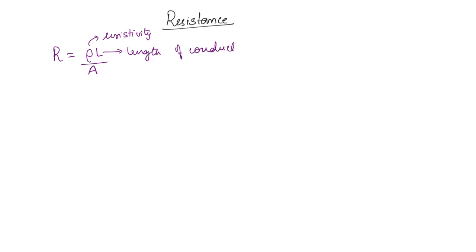First we will deal with the resistance. It is a series parameter. It appears as the series impedance of the transmission line. If you remember the expression for resistance in terms of the physical dimensions of the conductor, it is rho L by A. Rho here is the resistivity, L is the length of the conductor, and finally A is the area of cross section of the conductor.